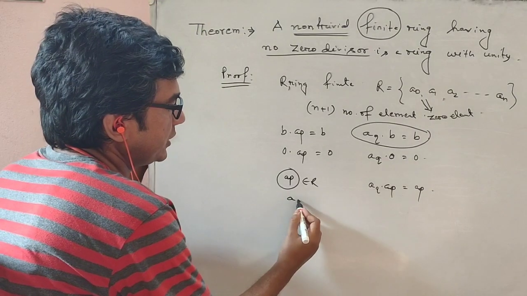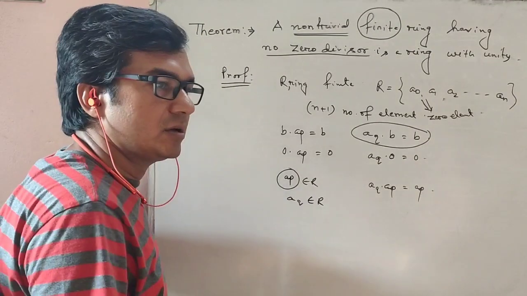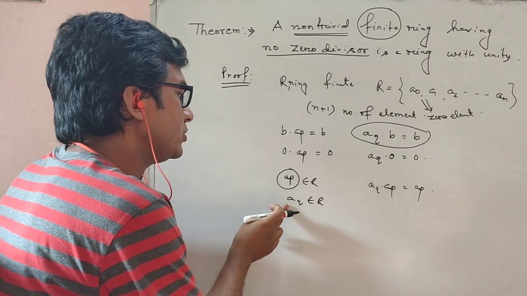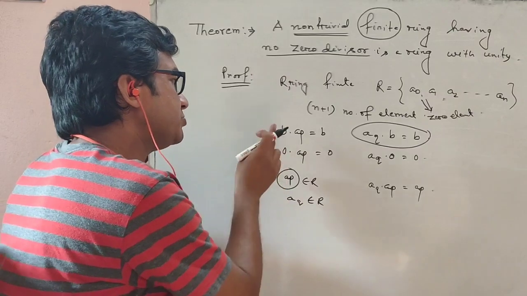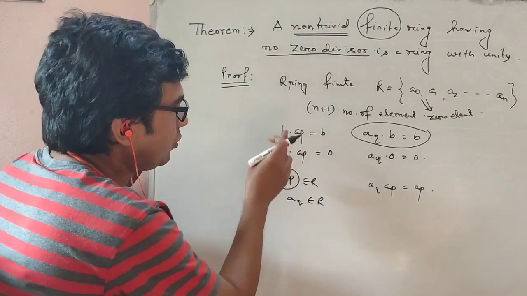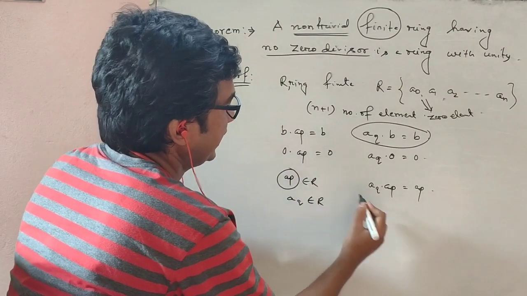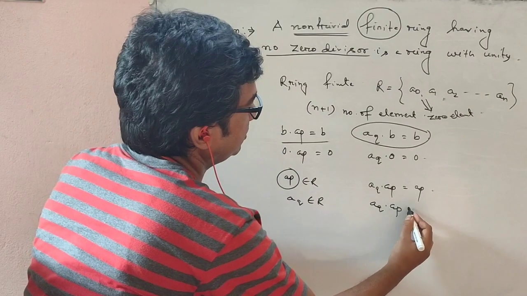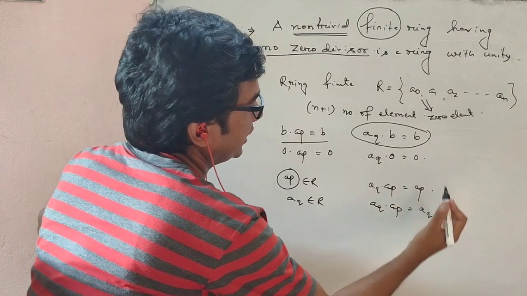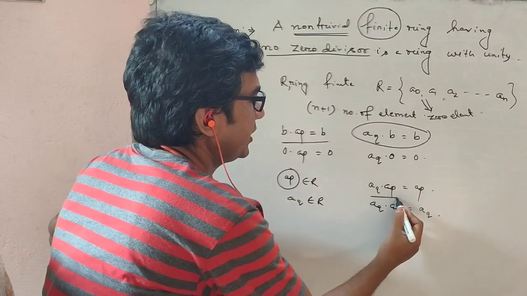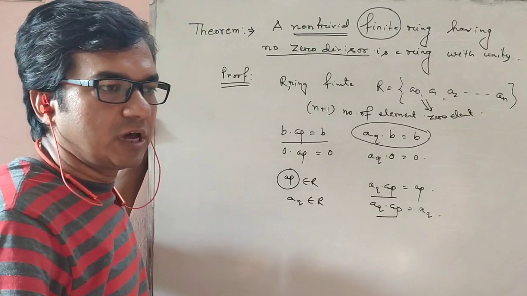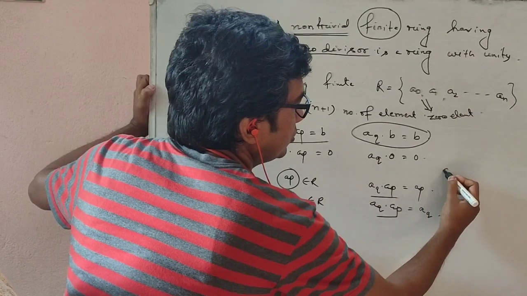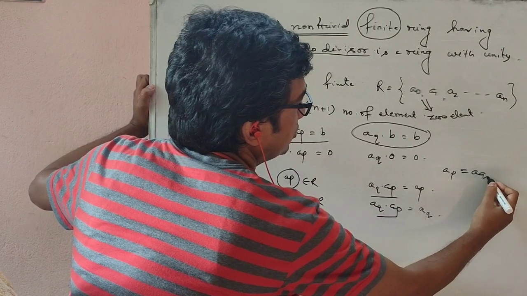Also, AQ belongs to R, it is any element, so we can replace B by AQ. Then we also get AQ·AP equal to AQ. But the left-hand sides of the two relations are the same. So we must have AP equal to AQ.